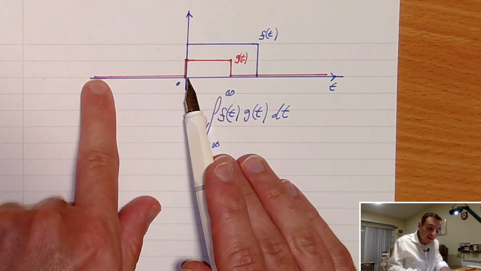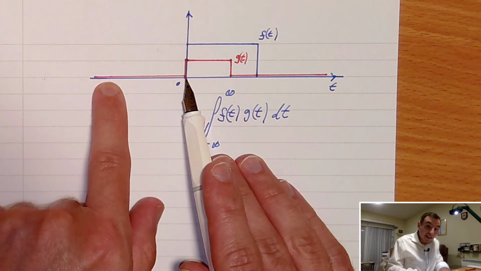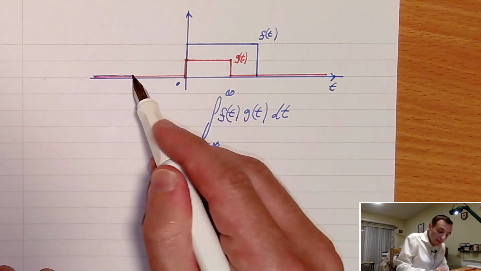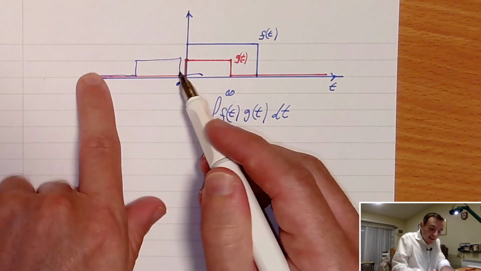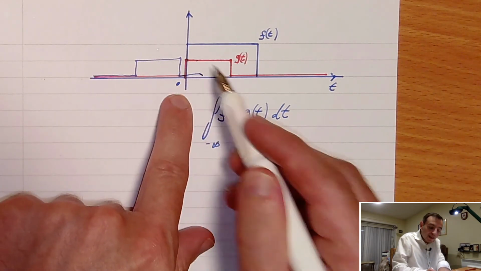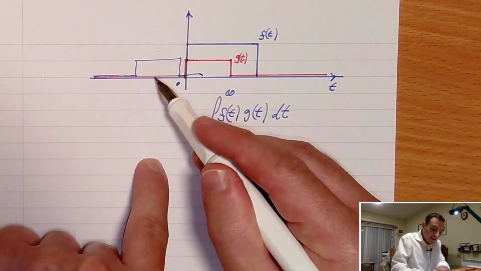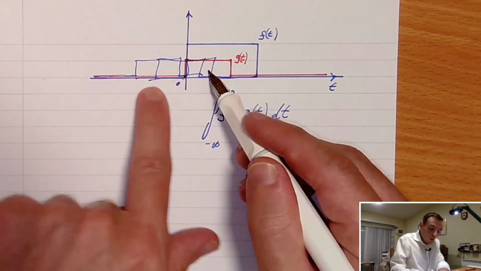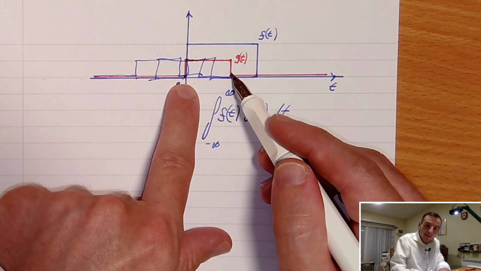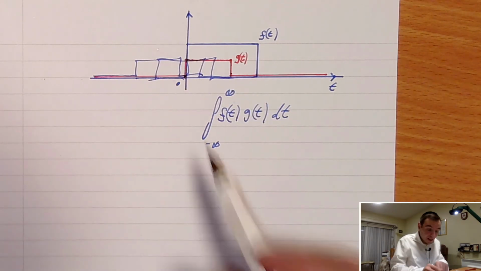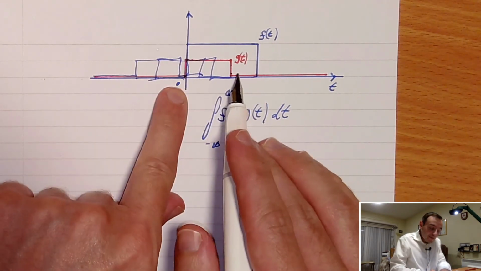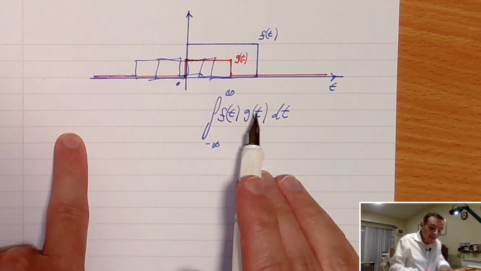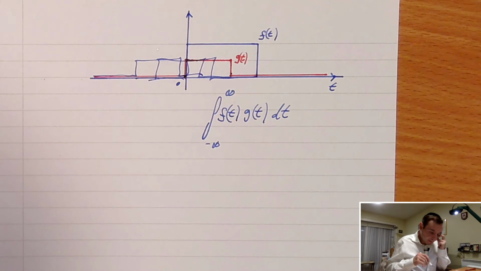Because there's going to be some magnitude variation in the area of overlap if that red box started from over here. As we move it across, the area of overlap is going to increase and increase and increase. It's going to increase like this, and like that, all the way until it gets to this point over here. So one thing that we can do, I've mucked up the drawing now, but if we flip this red line function in the y-axis, that would be a good starting point.